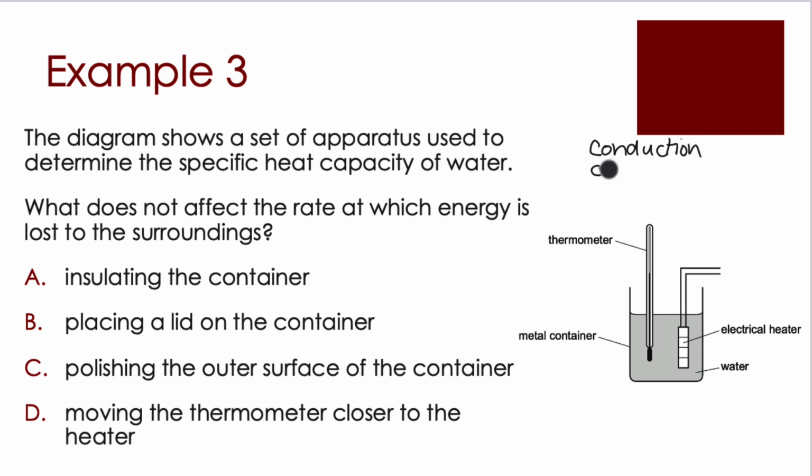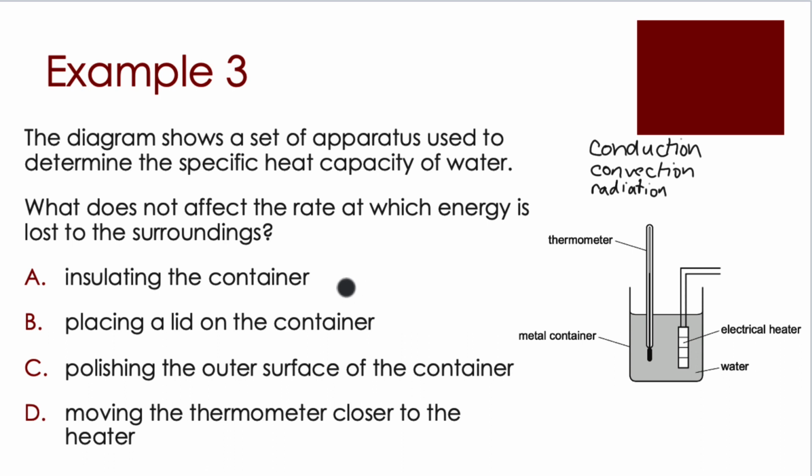We could lose it by convection. And that's through a fluid rising when less dense, sinking when more dense, and things with a higher temperature have less density and rise. And finally, there's radiation. And most of the time when we talk about heat, radiation implies infrared radiation.